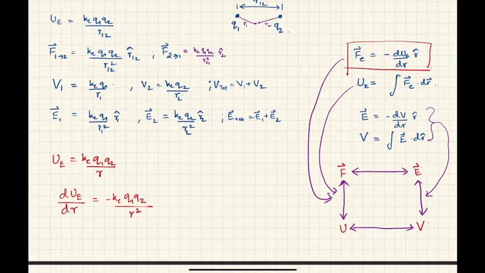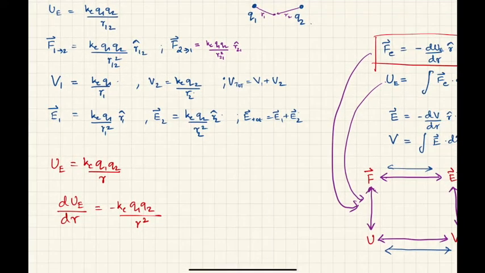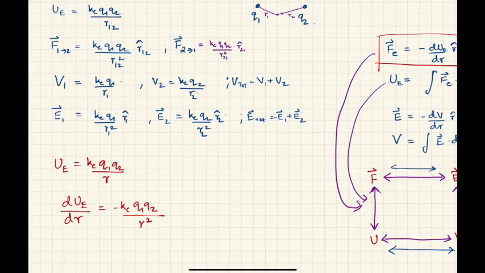So what's left now is for us to figure out how we go between forces and electric fields, and potential and potential energy. And so if I stare at these equations for a bit, it looks like the only thing I really need to do, if I want to go from, for example, electric field to force, is multiply the electric field with the charge Q2, or maybe I could multiply this second electric field with the charge Q2.